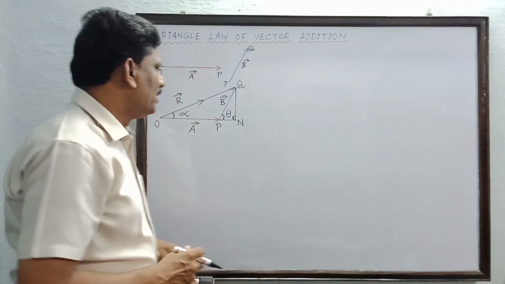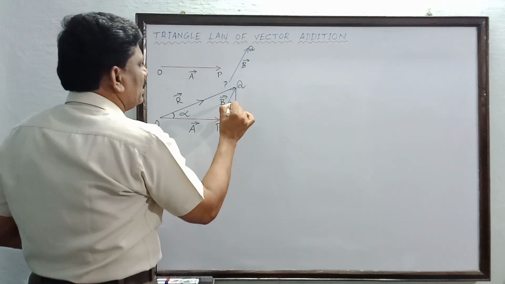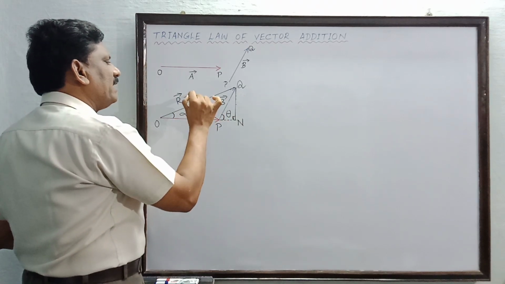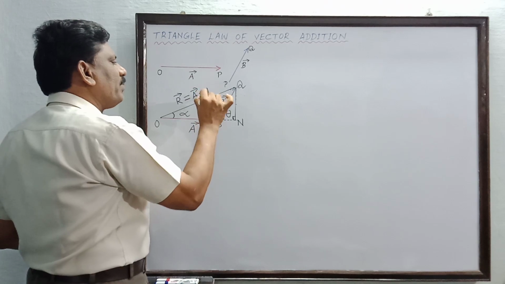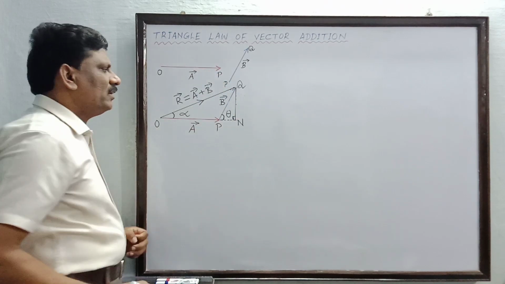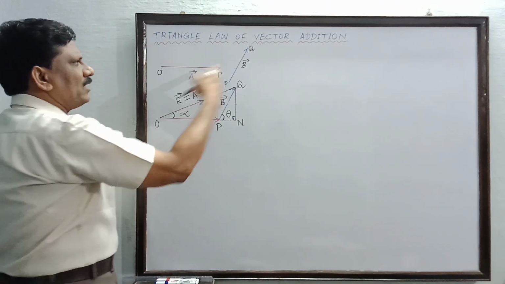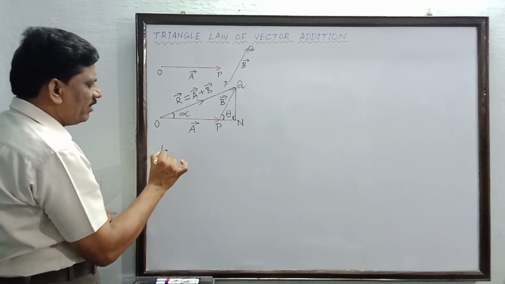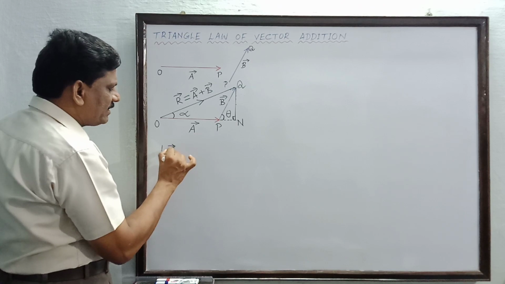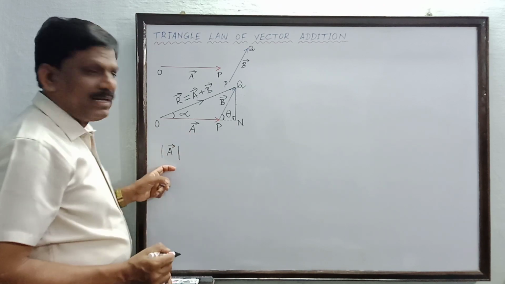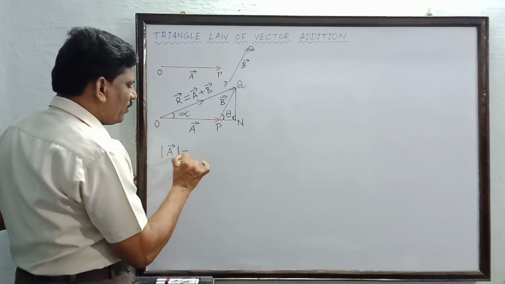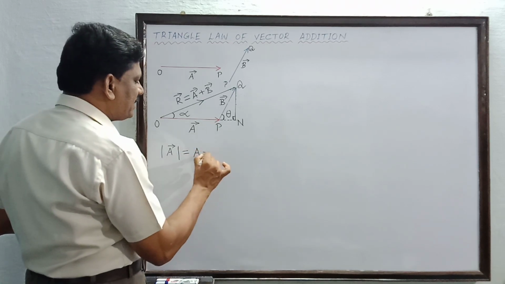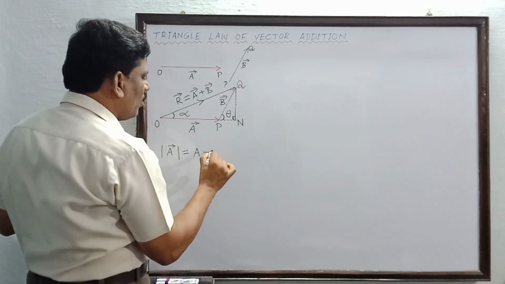Okay, A and B. So now I want to find the expression for the resultant vector. R vector is equal to A vector plus B vector. Now first of all, what are the two given vectors? What is the magnitude of A and B? I will write. The modulus of A vector is equal to the magnitude of the vector A, and this is represented by the length of the side OP.